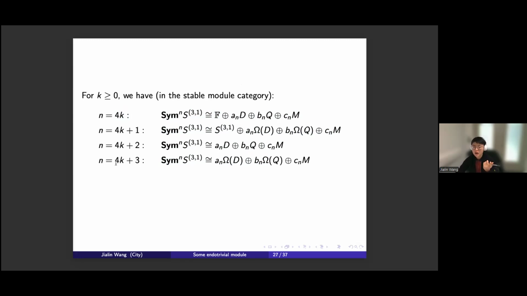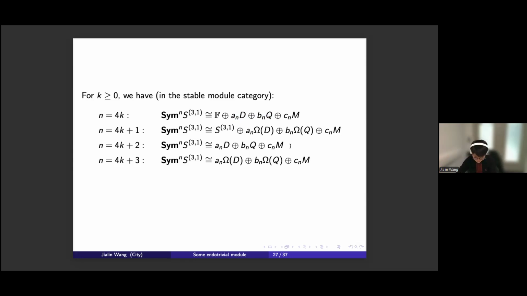And when n is 4k plus 3, you get omega D, omega Q, and M. And I want to say that these coefficients, a_n, b_n, c_n, are non-negative. So they could be 0 at the beginning, but eventually they will all be positive. So this sort of gives us the main result. We describe the summands appearing in each nth symmetric power.